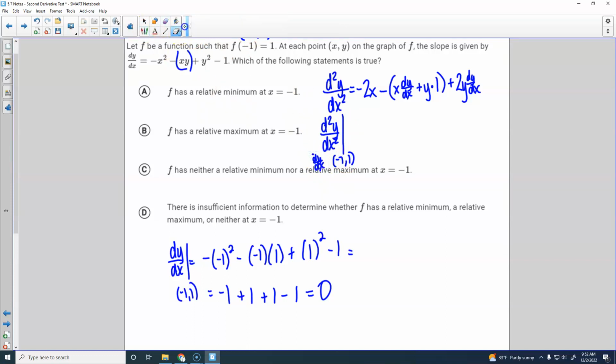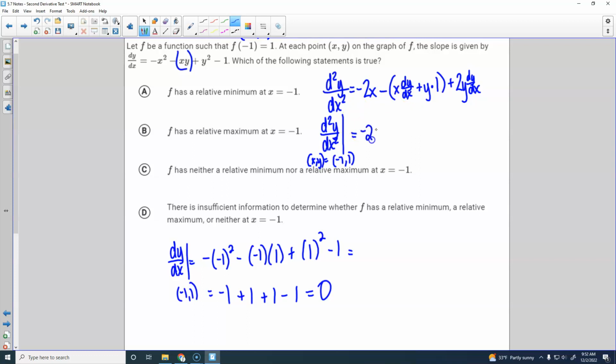I'm sorry, that should be x, y equals. And what does dy/dx equal at that point? 0. So when I see that dy/dx, I can just replace it with 0. So it's not going to be very complicated to plug in.